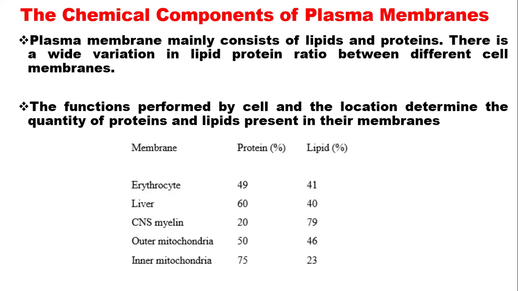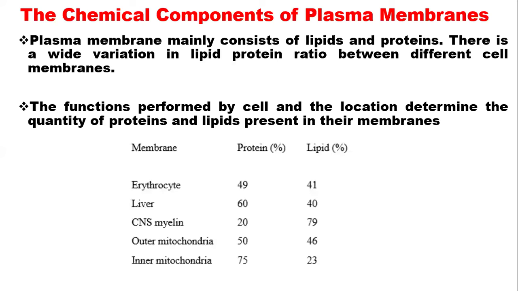Looking at this, we can talk about the chemical components of the plasma membrane. The plasma membrane mainly consists of lipids and proteins, as you can see from the previous slide where we showed the plasma membrane and its structural components. You can see you have lipids and you have proteins.